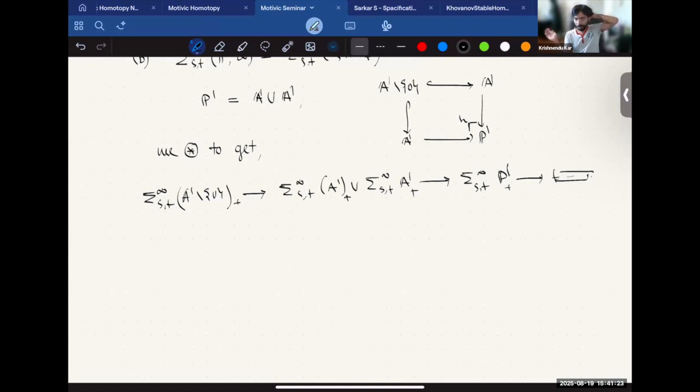Modulo all those technicalities aside, you can always contract this guy. That will land up in the distinguished triangle that we were talking about previously.